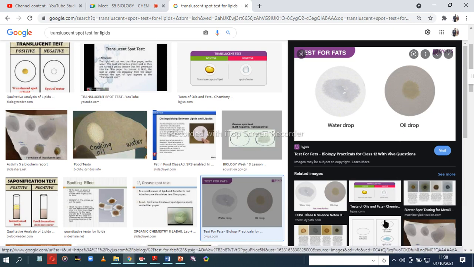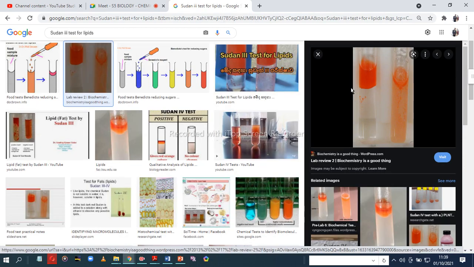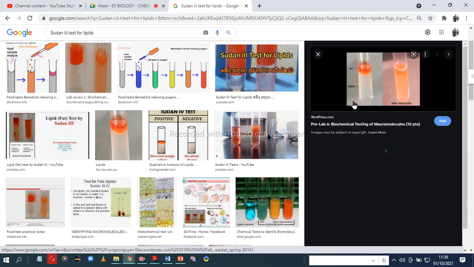Okay? So let's have a look at Sudan 3. This is the oil layer that we've been talking about. It forms that red brick layer for lipids, if lipids are present.